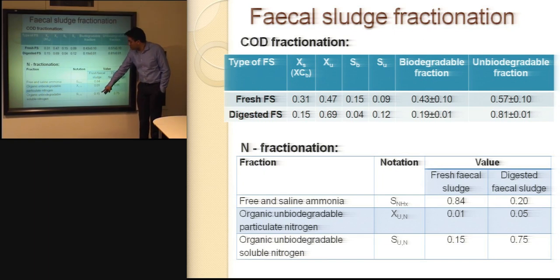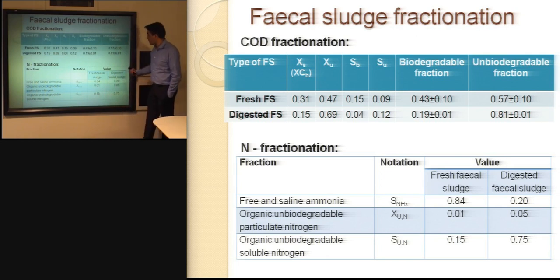However, the other two fractions that are about 15%, 0.01 organic unbiodegradable and 0.15 organic unbiodegradable soluble, will not be able to be removed, one getting accumulated in the system, the particulate one, and another one flowing out of the system, the soluble one.